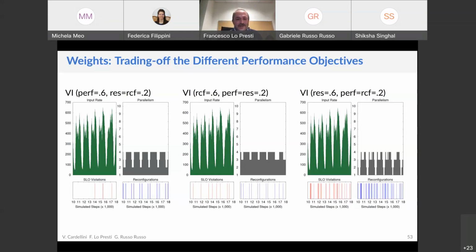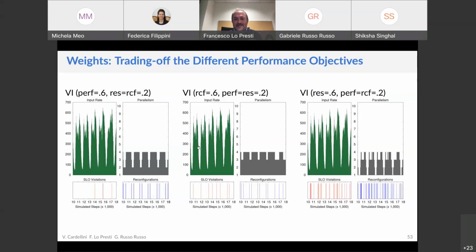So just to give an idea of what happened in this case, in the first example, I care about performance and less about the rest. I end up having a system which has very few violations over time. It has a reasonable number of reconfigurations, which basically follow the input arrival rate surge and rapid decrease.